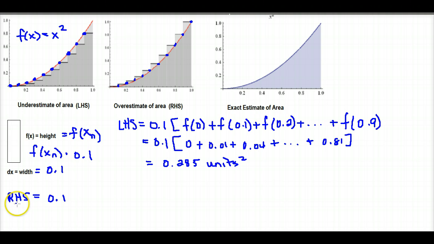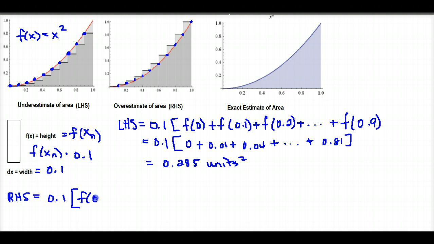All right, back to the right-hand sum. Here we have 0.1 times, and now you see we started with f of 0, but we don't want to do that now. We want to start with f of 0.1 and go by every tenth until we get to f of 1.